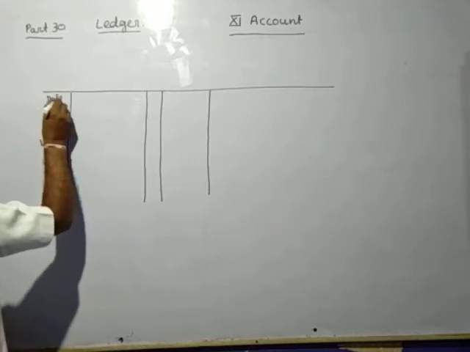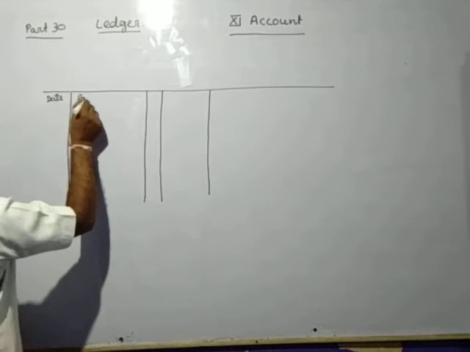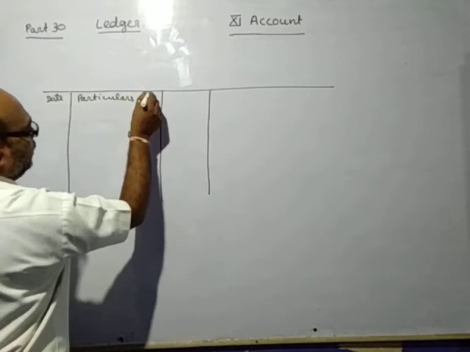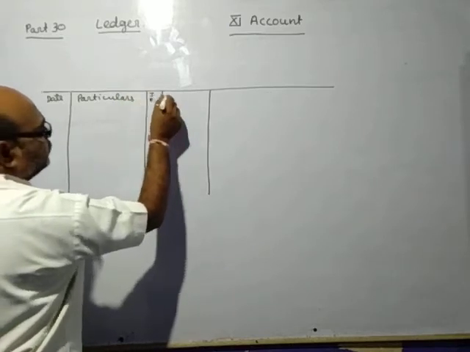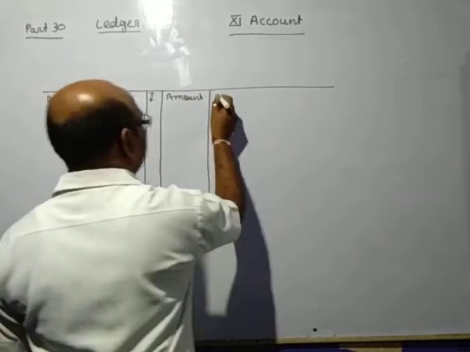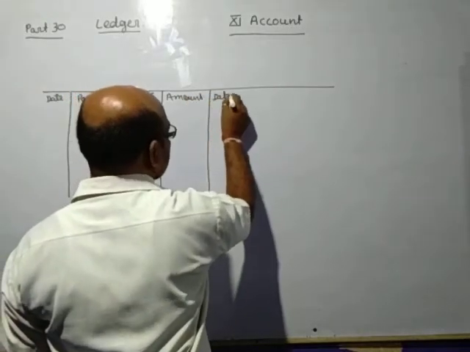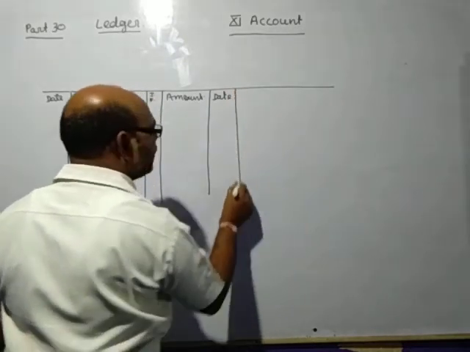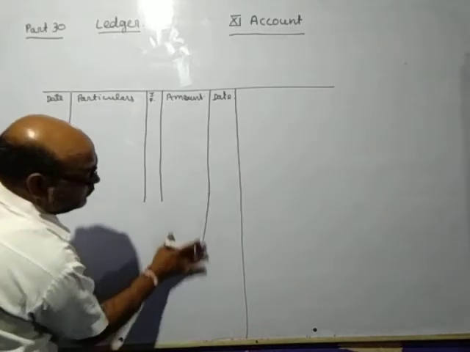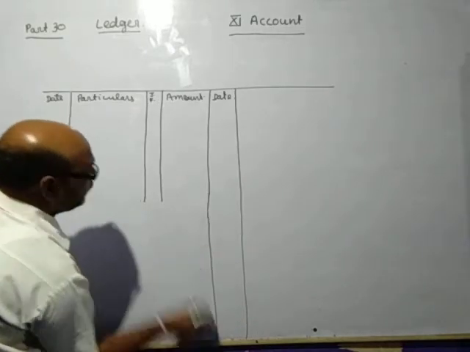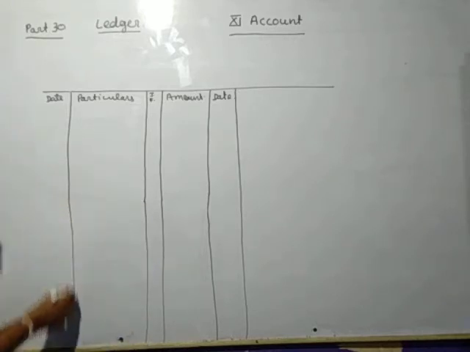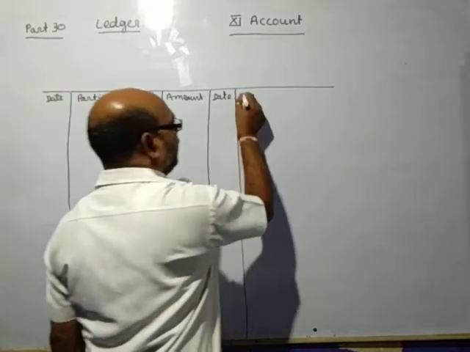So the first column is the date, the second is the particulars, the third is the general folio, the fourth is the amount.